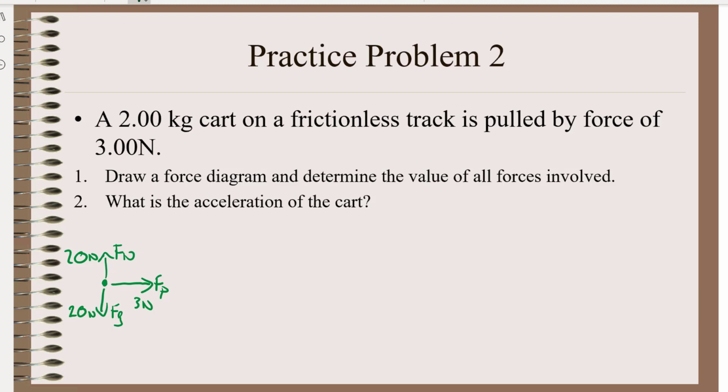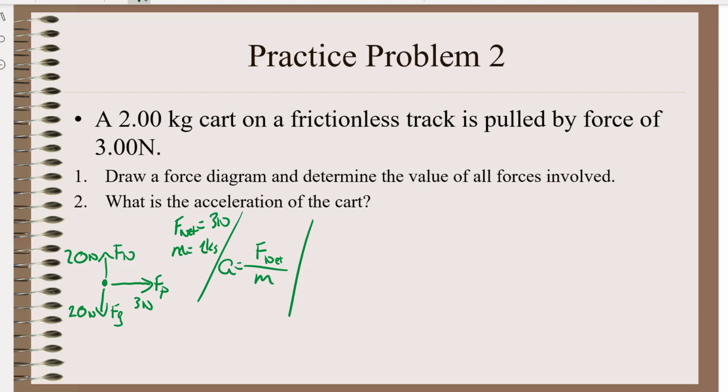Well, if we look back at our equations, we know that the acceleration is equal to the net force over the mass. Let's plug them in. We've got a net force of, since the force of gravity and the normal force cancel each other out, we're left with just the pull here of 3 newtons. So we know net force is equal to 3 newtons, and the mass is 2 kilograms.